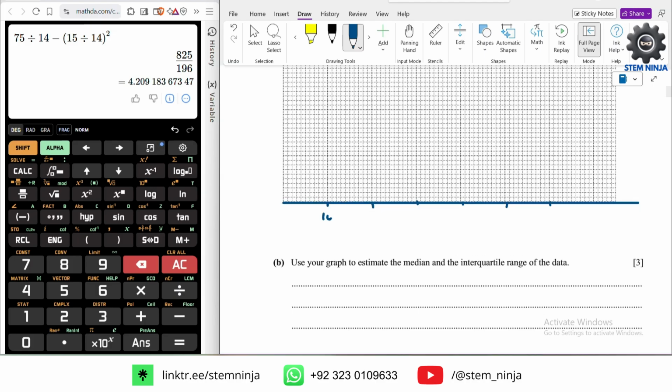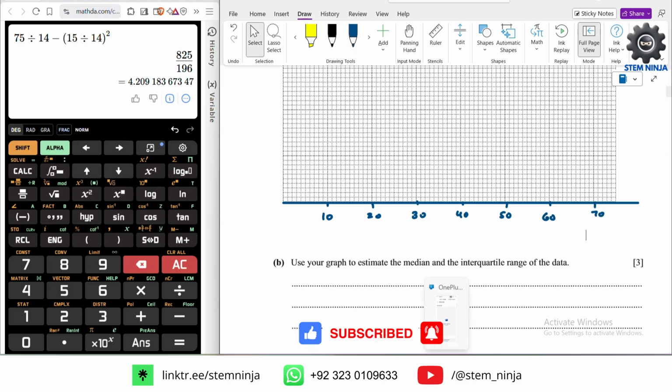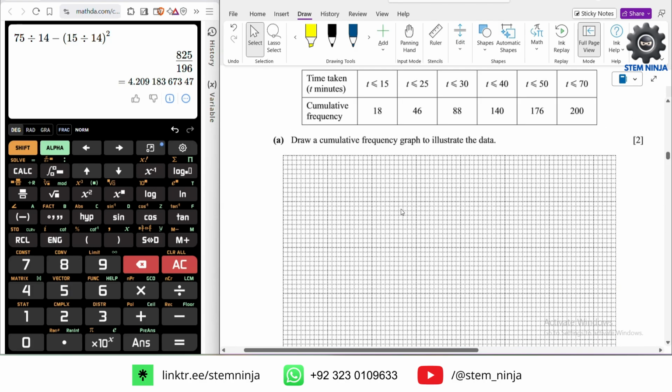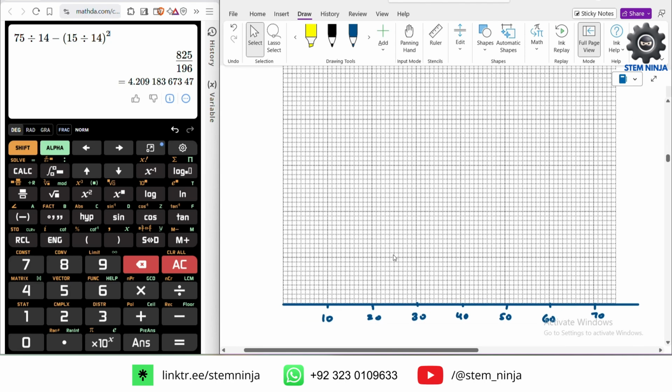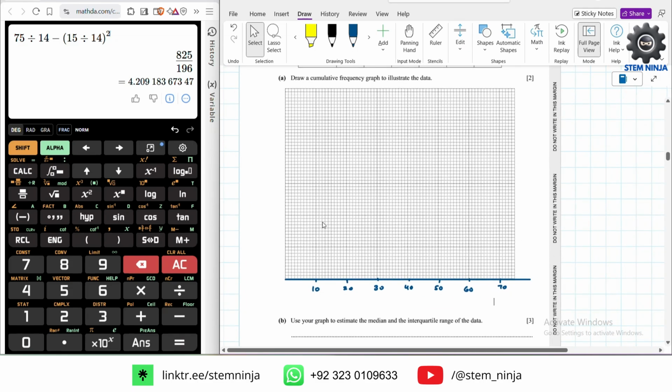So this is 10, 20, 30, 40, 50, 60, and 70. Next up, we need the cumulative frequency that is going up to 200.